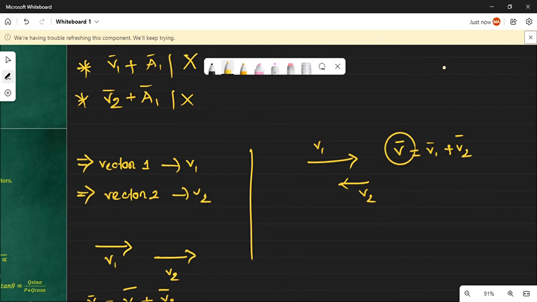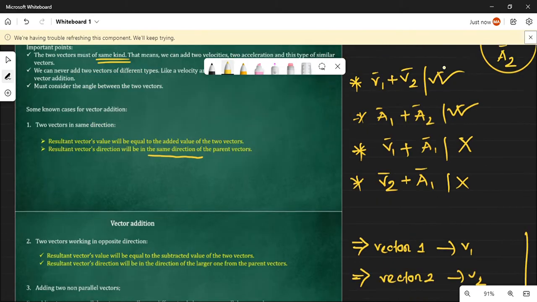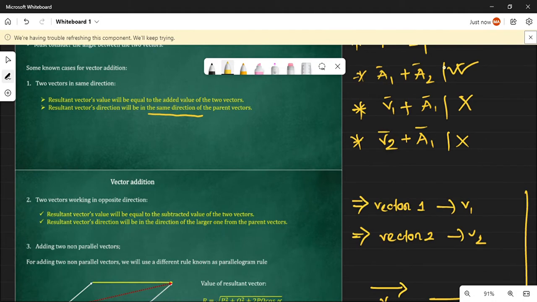It will be in the direction of the larger of the parent vectors. From the image we can see this is the larger vector, so the direction of v will be that way. I have also written this in my notes: if two vectors act in opposite directions, the resultant vector's direction will be in the direction of the larger one. That's all.